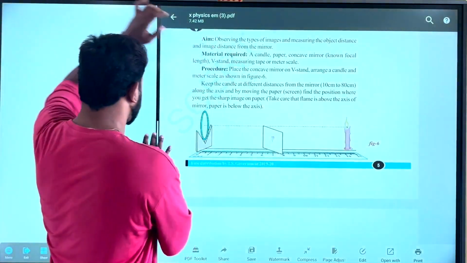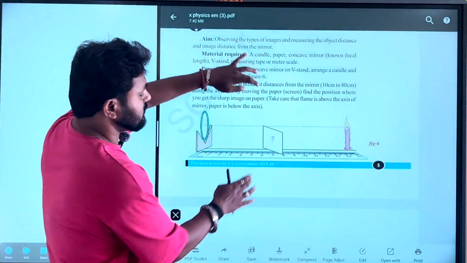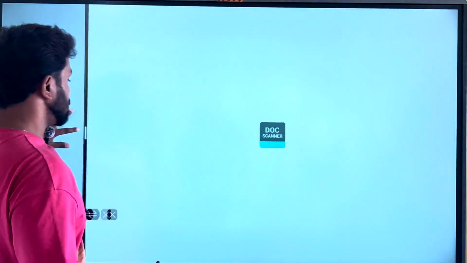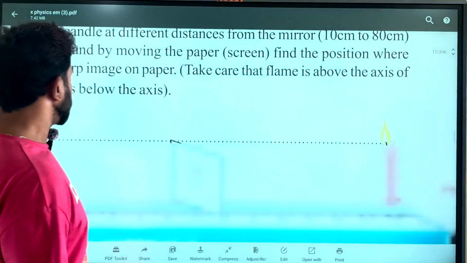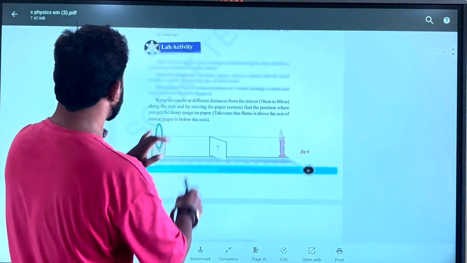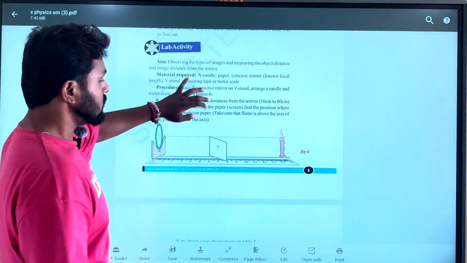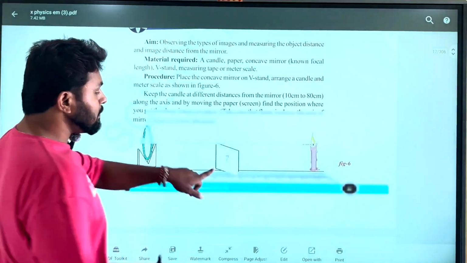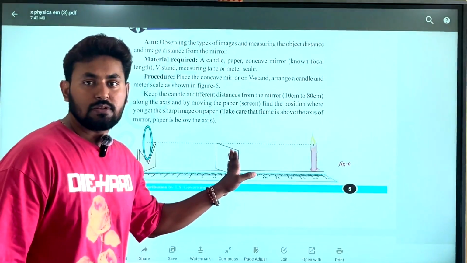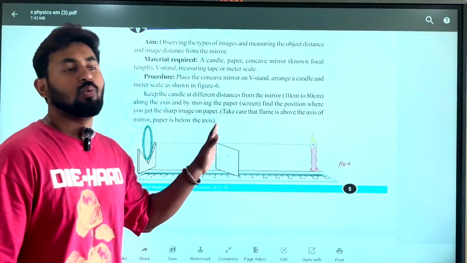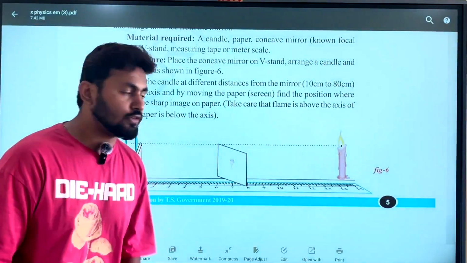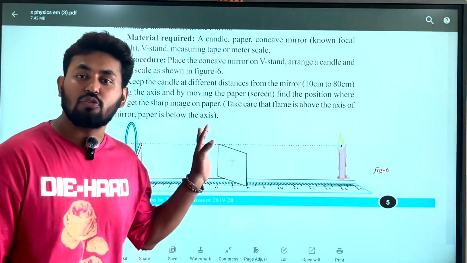If I zoom this, you will be able to see the image is inverted over here. You have it in the textbook also.